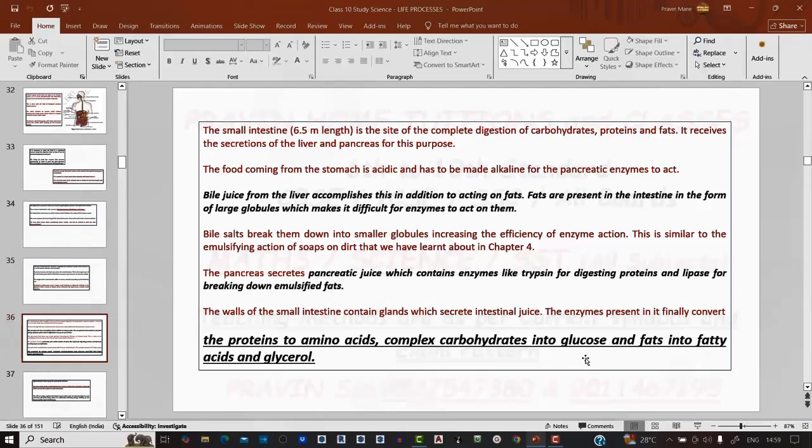Bile salt acts on fats, or large globules of fats, and breaks them down into smaller ones.